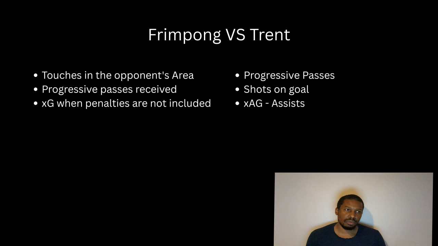Simplistically, because of the way they're going to play, Frimpong is effectively going to be a winger. If Mo Salah starts on the right wing, as Frimpong starts to run, I'd expect to see Salah step inside and have Frimpong on the outside to do all of the running.